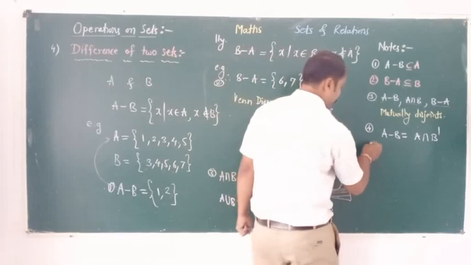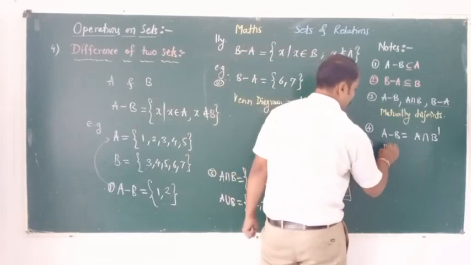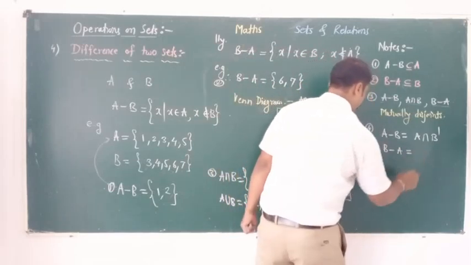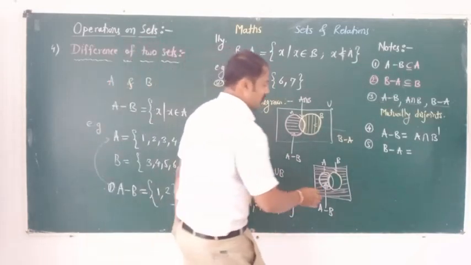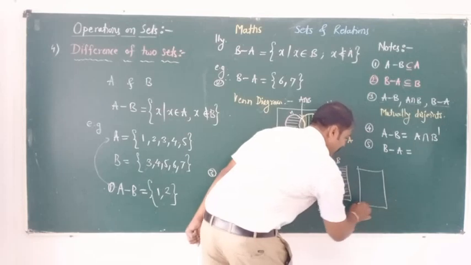Similarly, the fifth is for B minus A. I am also showing that by Venn diagram.